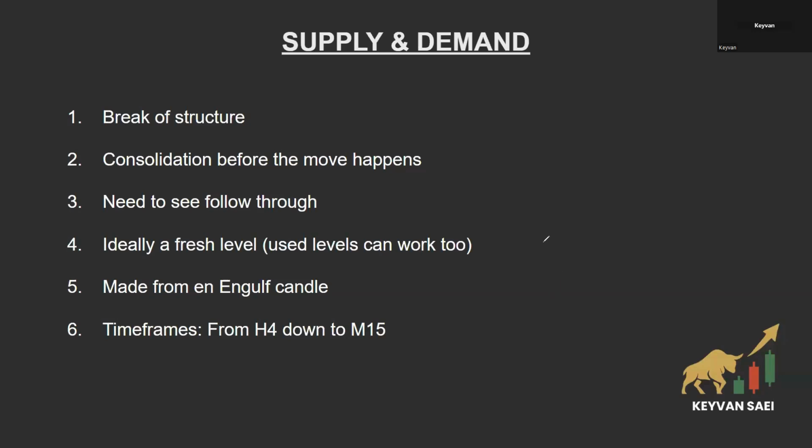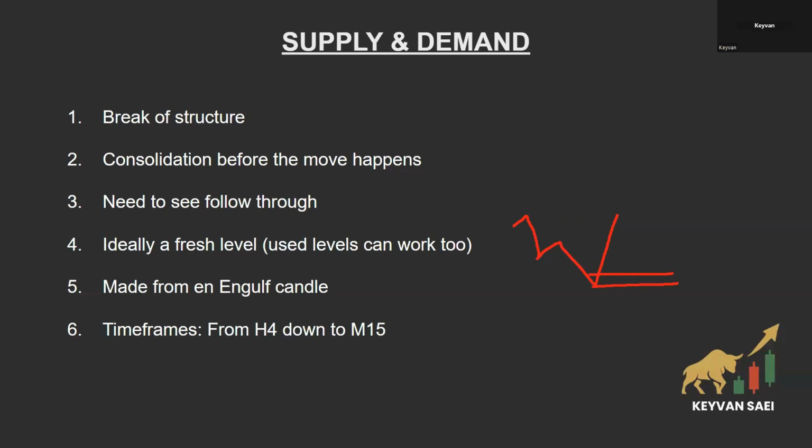For a demand level, for example, if we have a certain high here, we need to see this move up, this potential demand, break previous highs. There could be more highs, and the more it breaks, usually the stronger this level is going to be. That's the first rule I look at for a potential demand or supply zone.